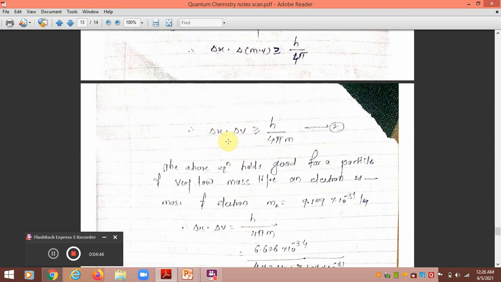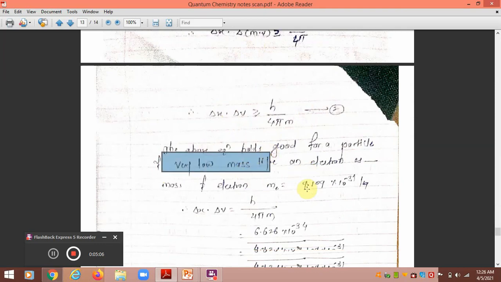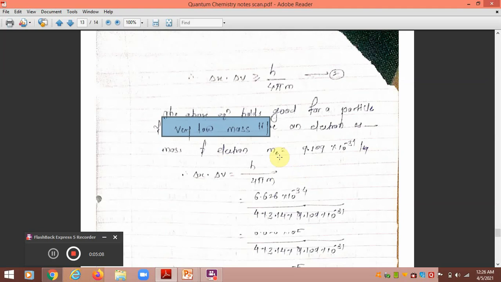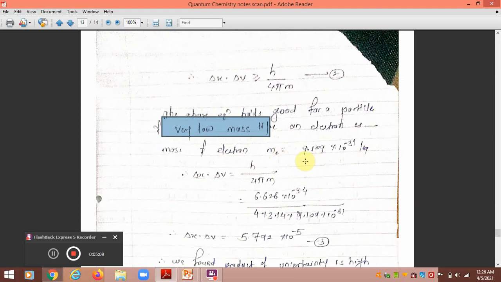This equation is more satisfied when applied to a particle like the electron, or a particle having very low or small mass. For example, suppose we discuss the electron, then the mass of the electron is 9.109 into 10 raised to minus 31 kg.